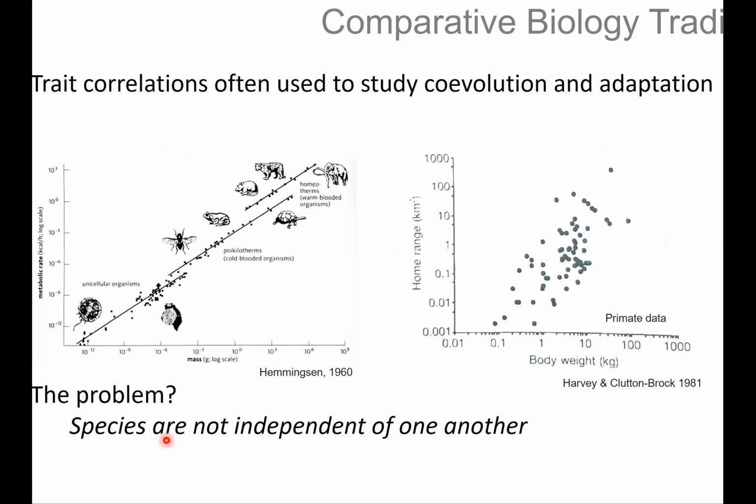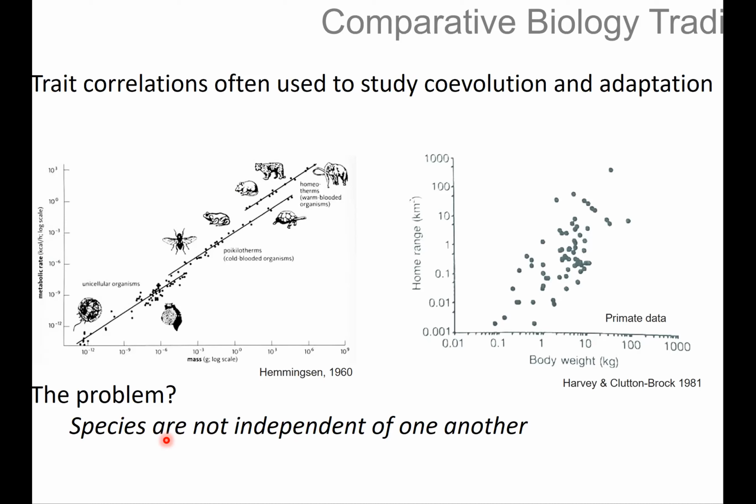Okay, so let me set up the problem from an evolutionary perspective. These are very common plots. If you go back into the classic literature from the 60s forward, you will see plots that look like this throughout the evolution literature. What you're looking at here are data where the data points are species, and we have various measured traits that are evaluated and compared and correlated.